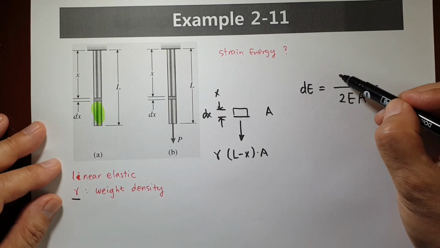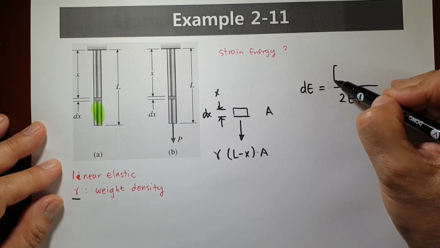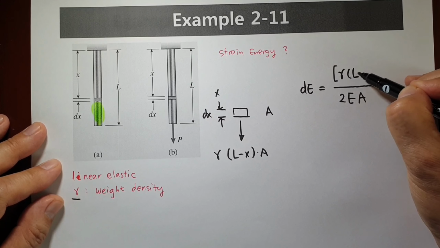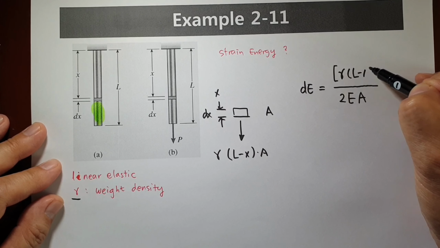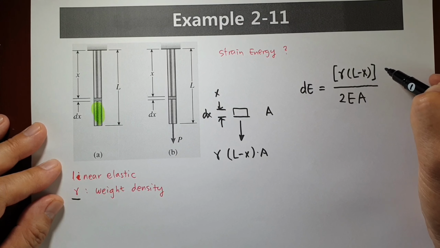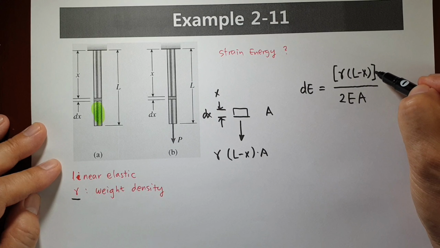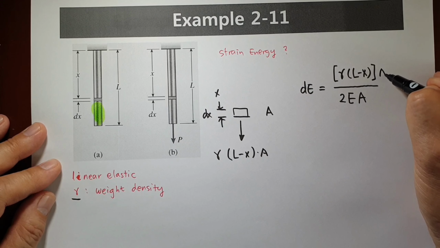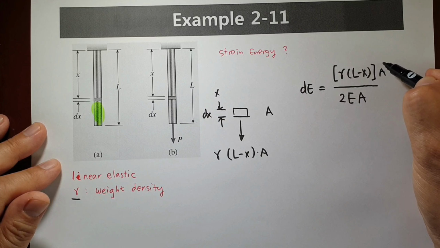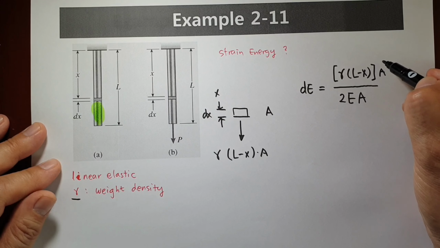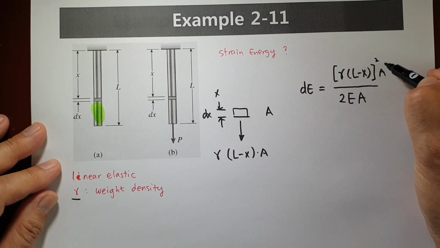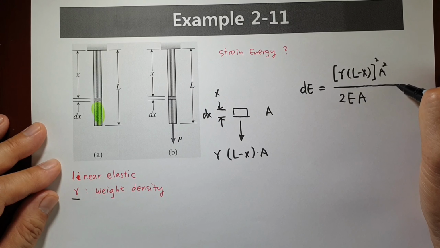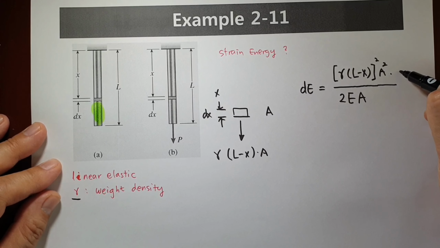P is the force like this one, gamma times A times (L minus x), let's say A, squared, distance dx.